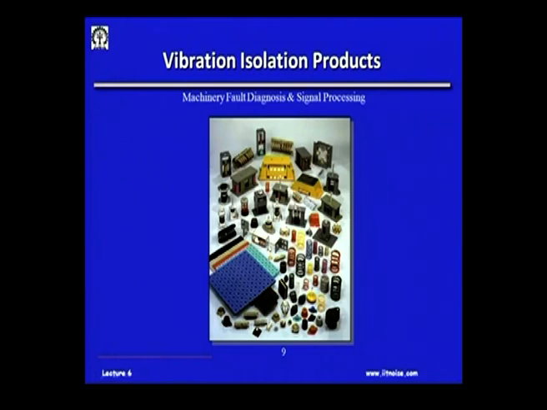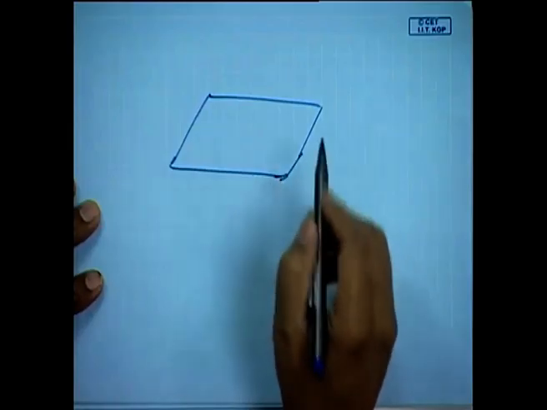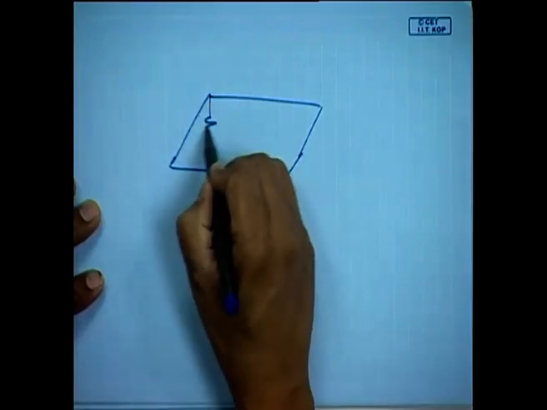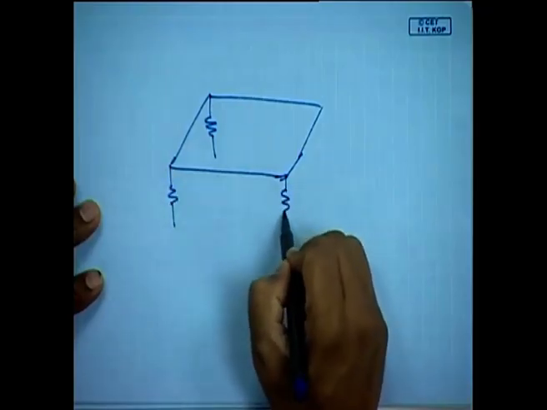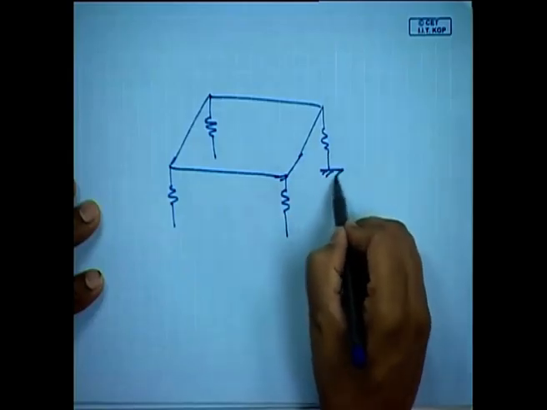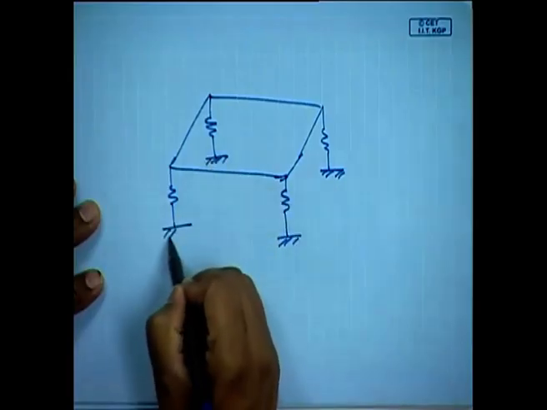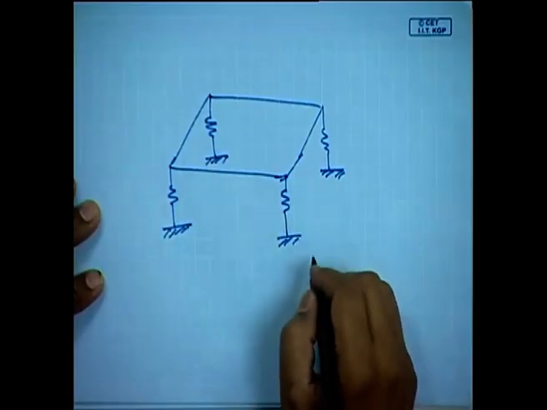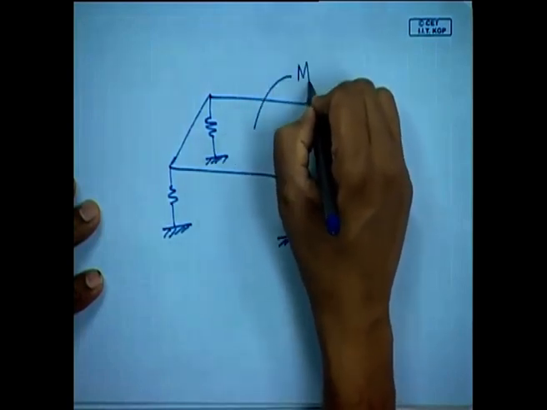I will now give you a typical example. Say, for example, I have a machine. I will just draw the base of the machine, and suppose it is put on 4 isolators. And this machine has a certain mass m.